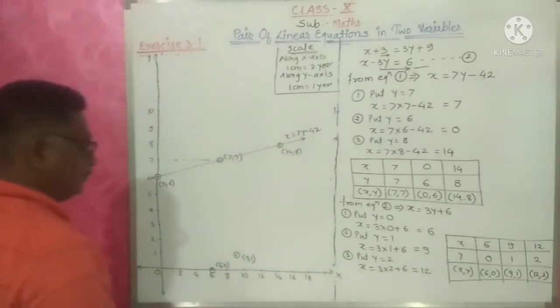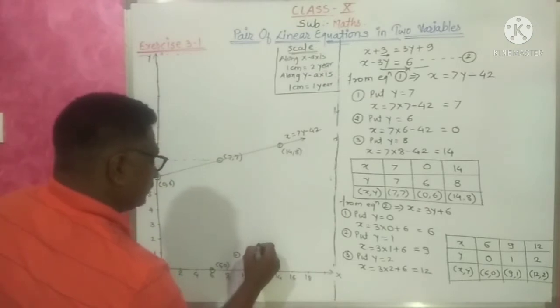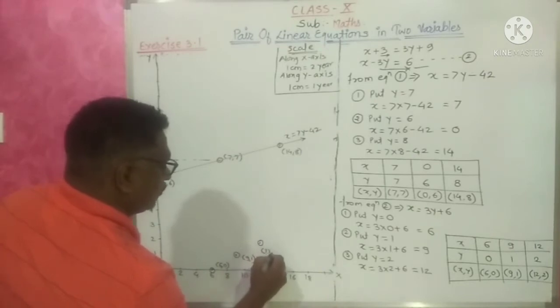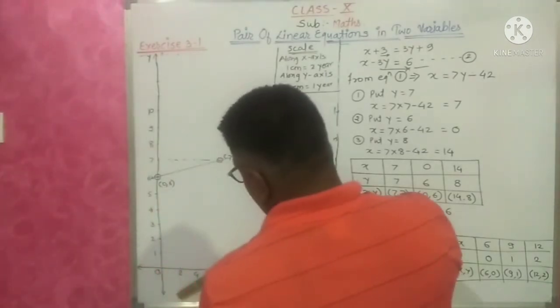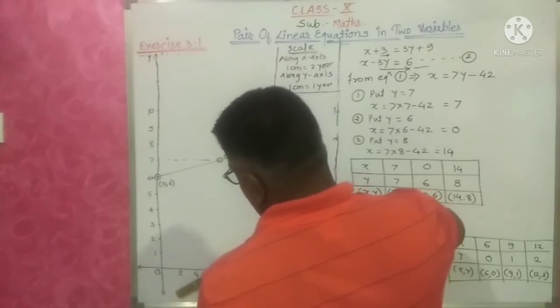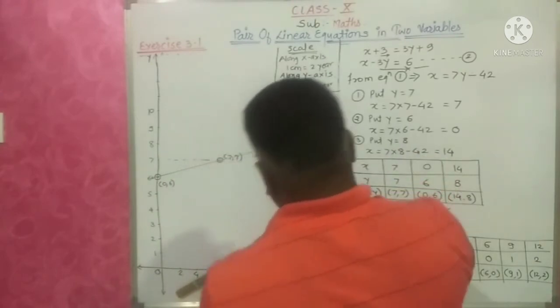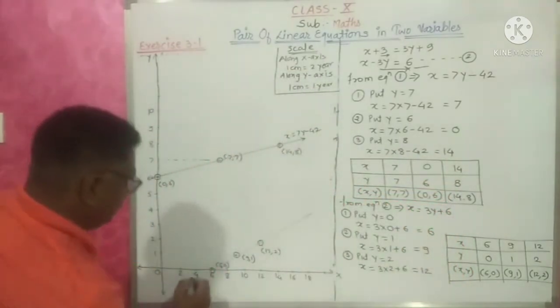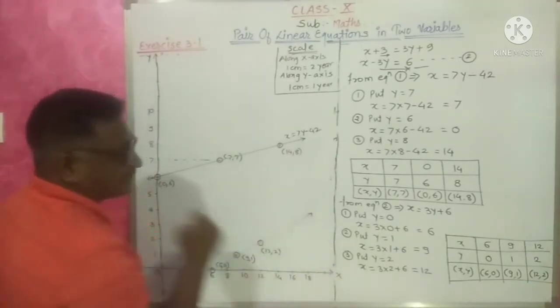Third, 12, 2. 12 here it will come. 12, 2. Got 3 points. Now we have to draw the line passing through these 3 points. So like this. This is the second line.